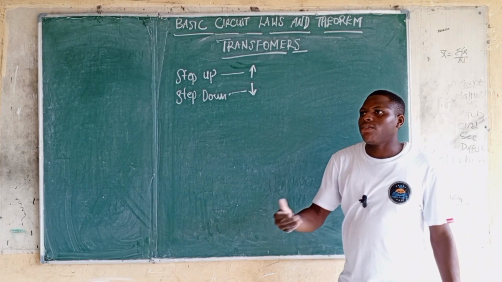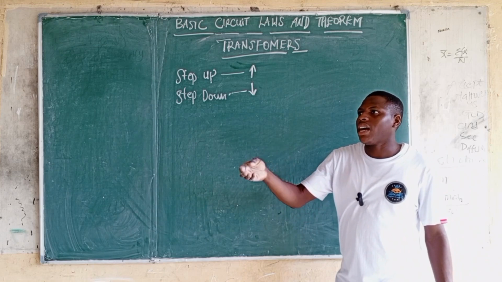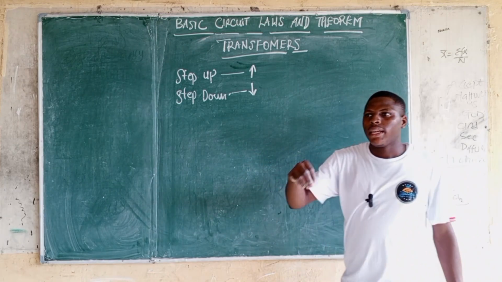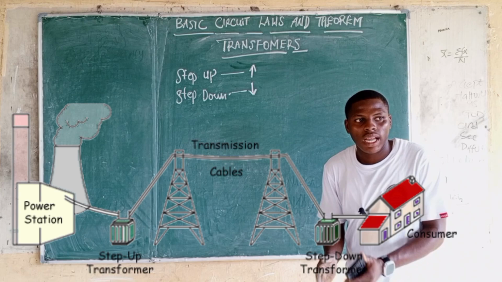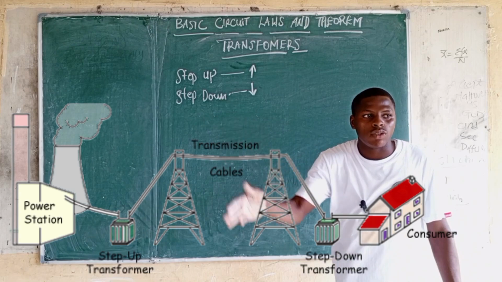Now, ask yourself, how do your microwave run, and how do your light bulbs in your homes operate? Electricity is generated at the power station, sent towards our step-up transformer that increases the voltage to a maximum amount of voltage.